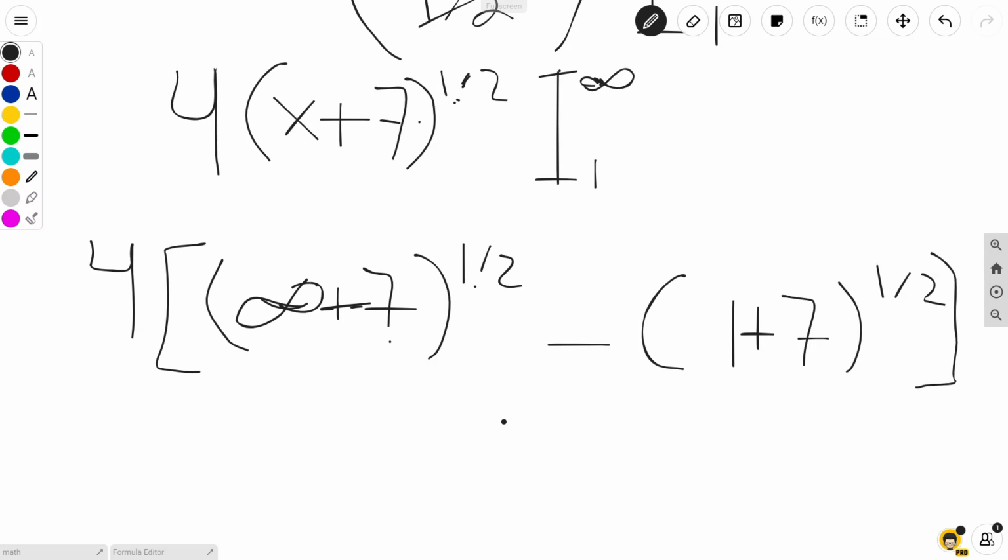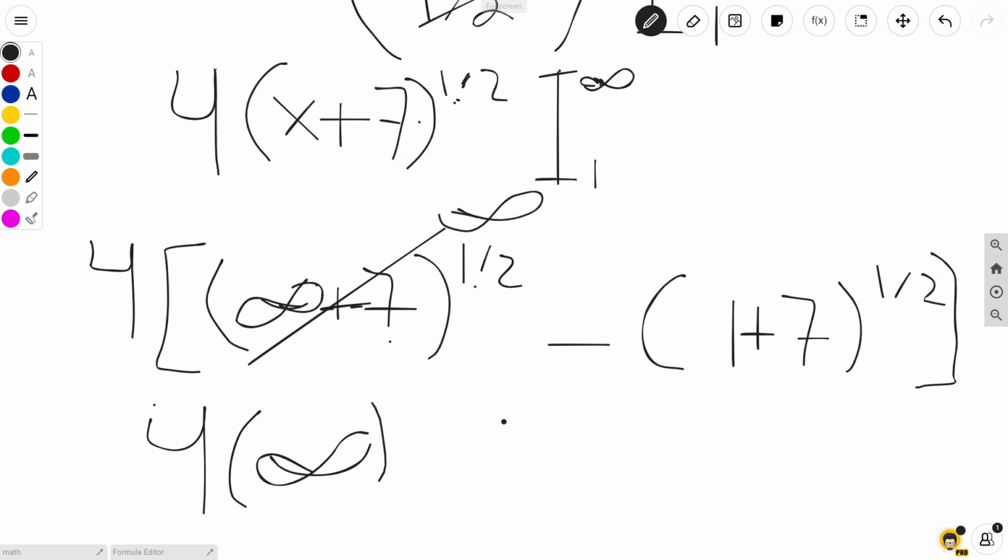And what does this equal? Very insignificant, because this does go to infinity. So 4 times infinity will give us infinity in this series.